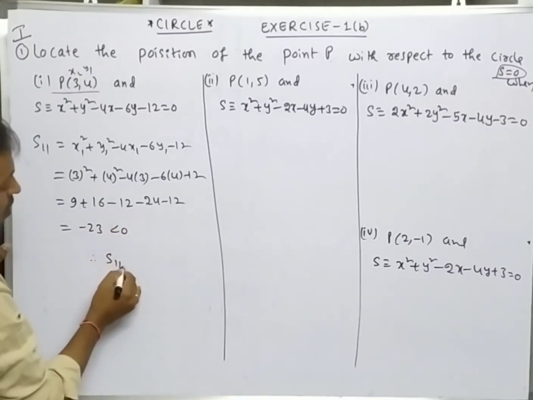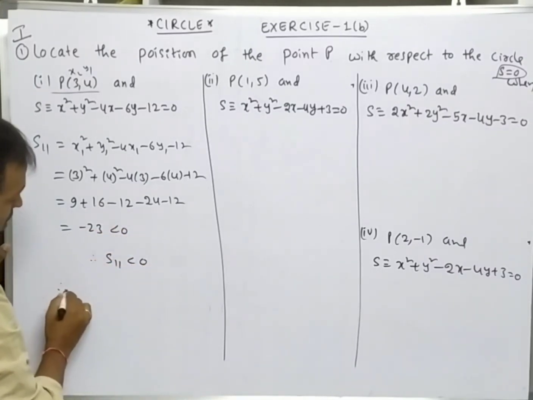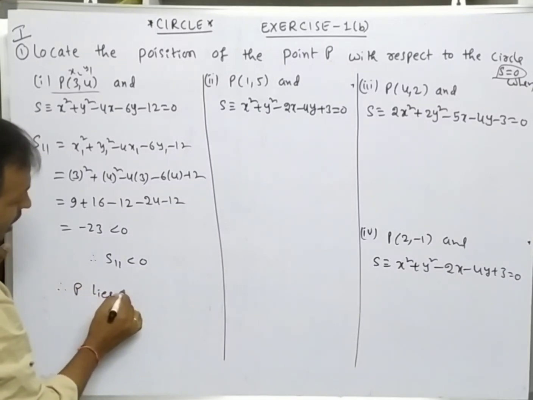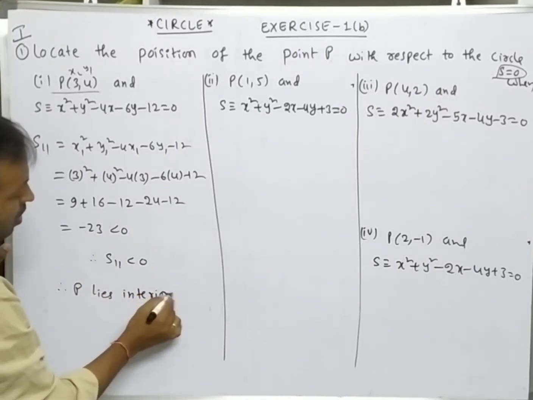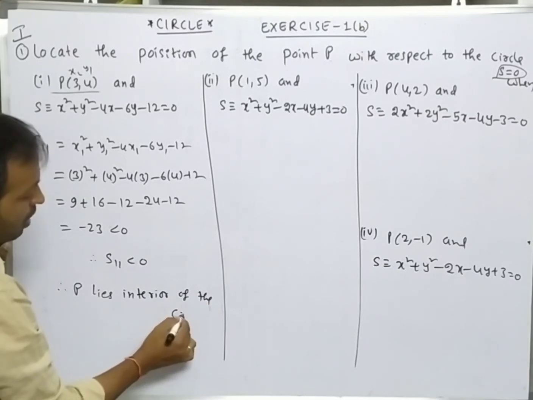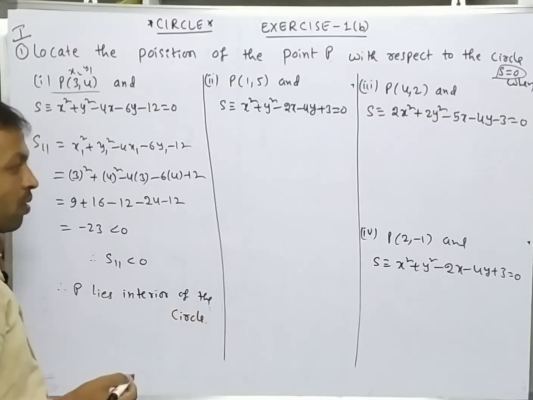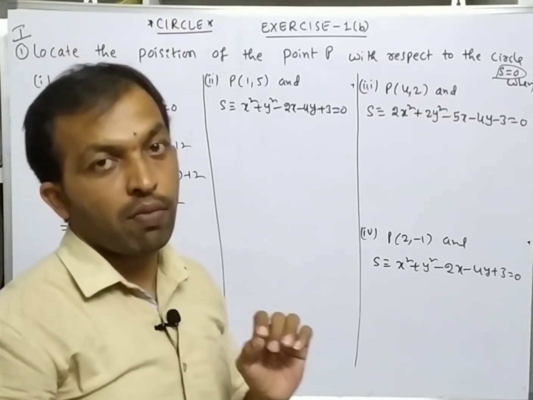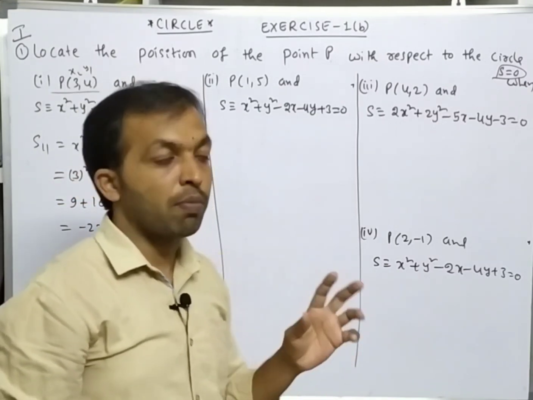So S11 we got a negative value, therefore P lies in the interior of the circle. Okay, so by using S11 we can find the position of the point with respect to the circle.